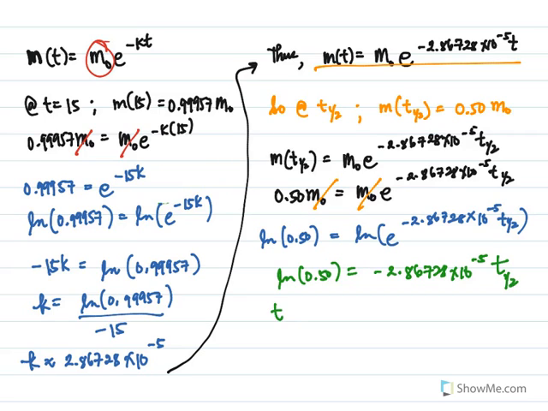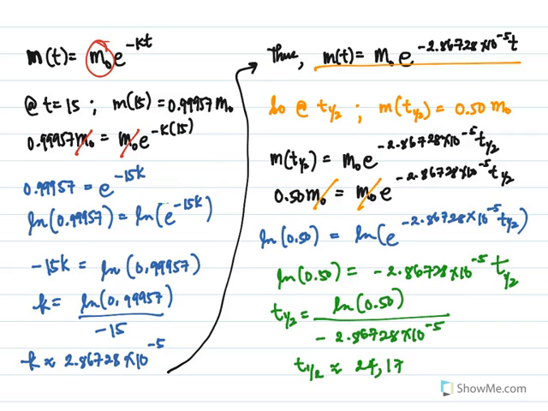So, the half-life t sub 1 half is simply ln of 0.5 divided by negative 2.86728 times 10 to the negative 5, which is around 24,174 years.